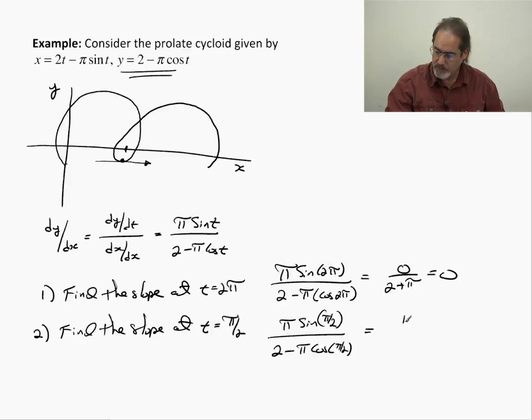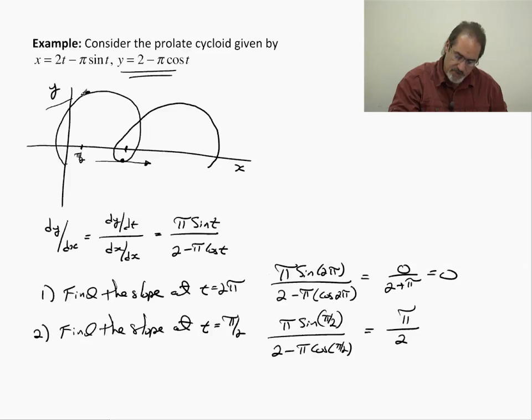Sine of pi over 2 is 1, so this is pi, over, cosine of pi over 2 is 0, so it's pi over 2. So when t is pi over 2, which is somewhere in here, roughly, the slope of the tangent line is going to be pi over 2.